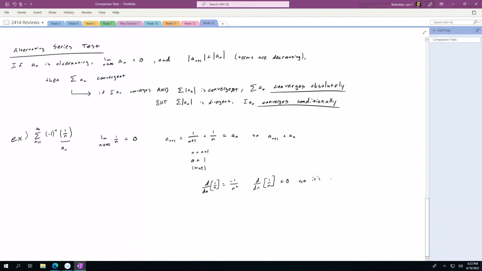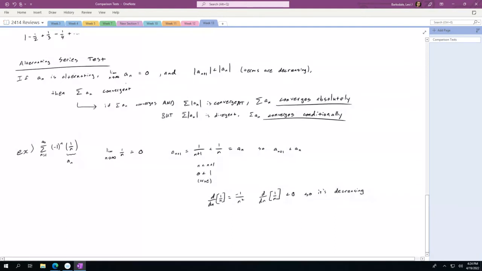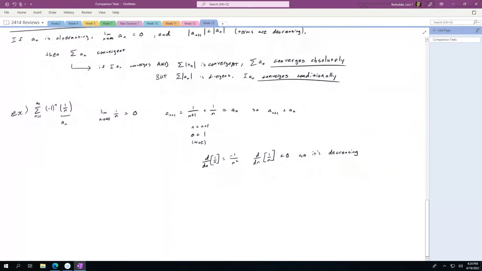So it's decreasing. That's just another way you can show that it's decreasing. But regardless, I have that my series is alternating, the limit goes to 0, and my terms are decreasing. So I can say that the sum from 1 to infinity of negative 1 to the n times 1 over n converges.